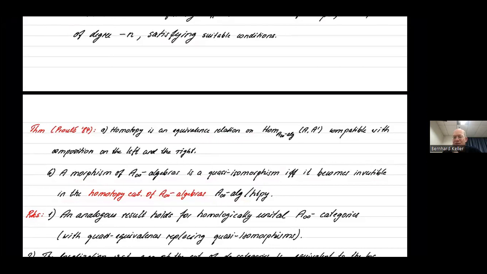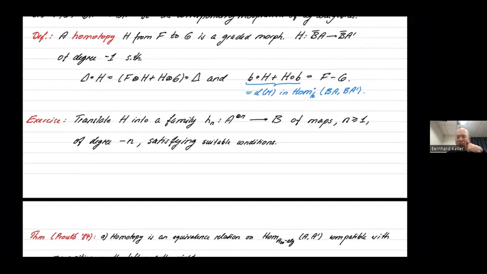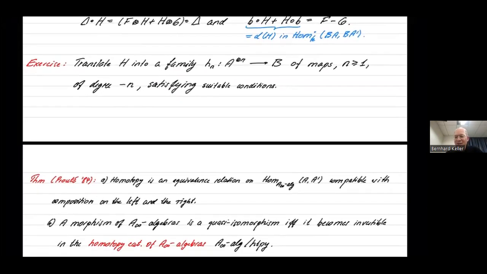If you have a quasi-isomorphism of DG algebras, it has no reason to become invertible up to any type of homotopy relation. And also, one can define a homotopy relation on the space of morphisms between two DG algebras, similarly to this. But this relation will not be an equivalence relation unless the source DG algebra is cofibrant in a suitable model structure.